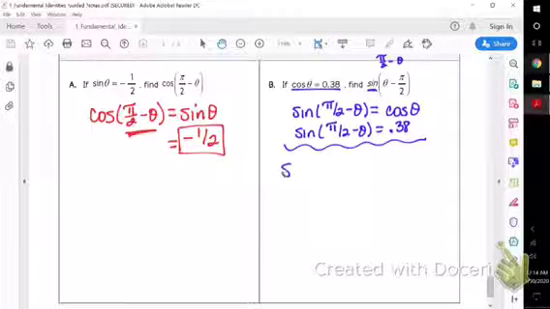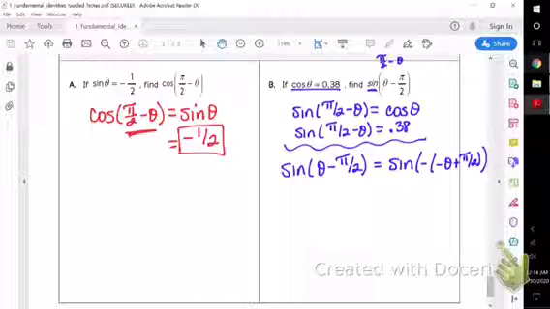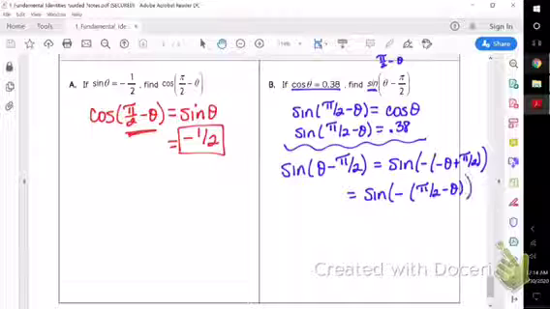So we can rewrite sine of theta minus pi over 2. This is the same thing as saying sine of a negative theta plus pi over 2. And so if I wanted to simplify that a little bit, that would be sine of a negative pi over 2 minus theta. Well, we're almost there. The problem is now I've got that negative inside.